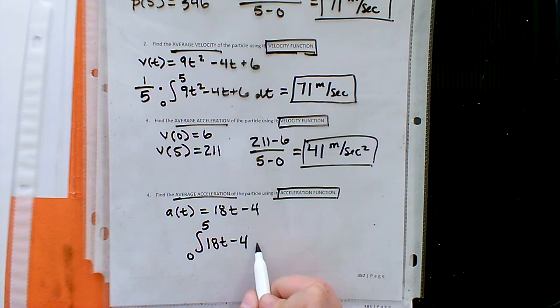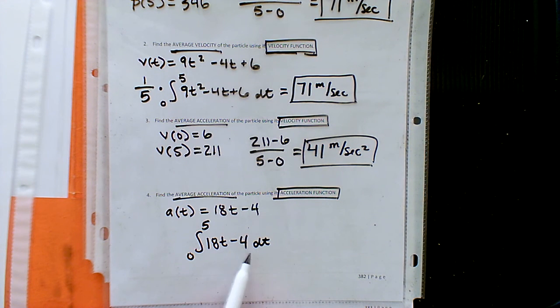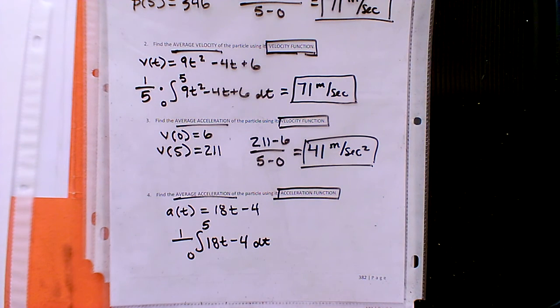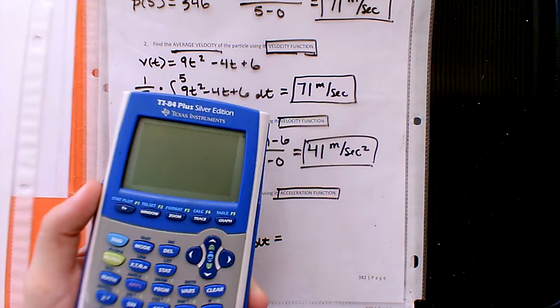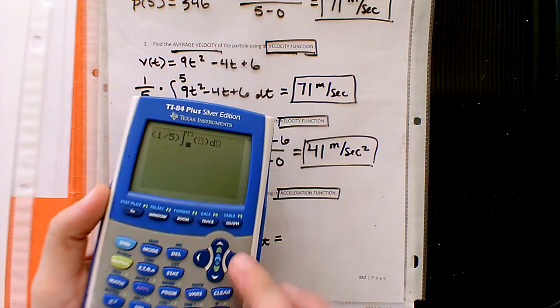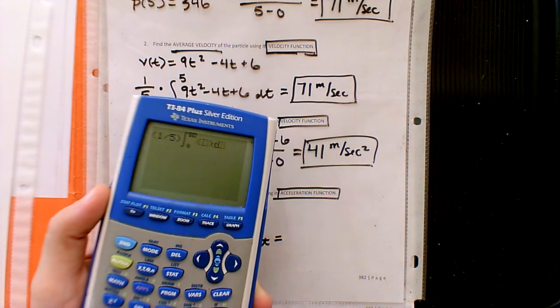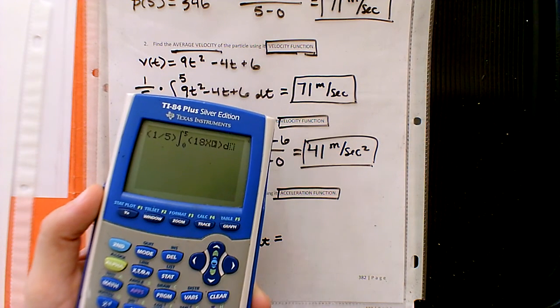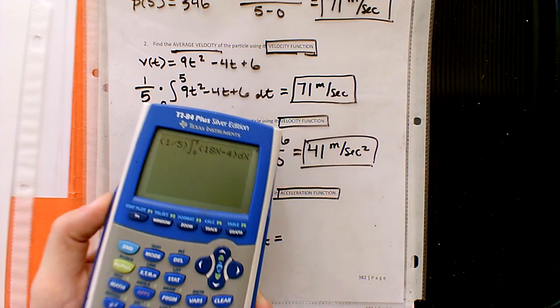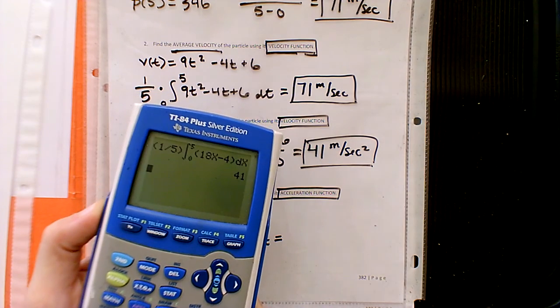If we left it the way it is, it would actually represent the change in velocity value as that antiderivative. But if we want average acceleration, we're going to need to multiply by 1 over the difference of the bounds, which would be 5. All right, so again, for time purposes, we'll type it in. And we get 41.